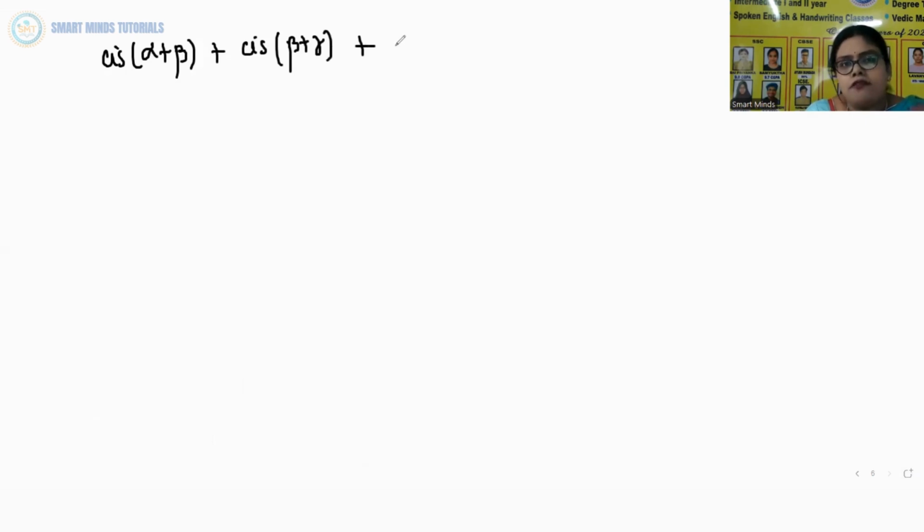Now let's see how we can write it. So cis alpha into cis beta we can write as cis(alpha plus beta). Cis beta into cis gamma we can write as cis(beta plus gamma). And cis gamma into cis alpha we can write as cis(gamma plus alpha). That is equal to 0. Now cis theta we can write as cos theta plus i sin theta, right?